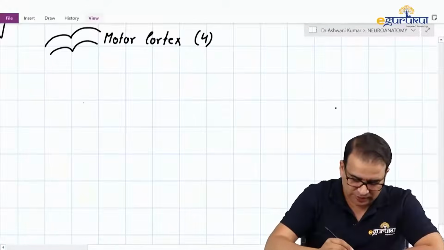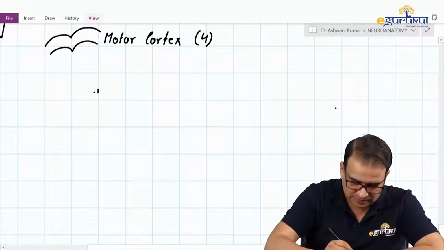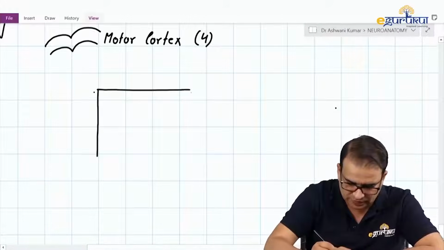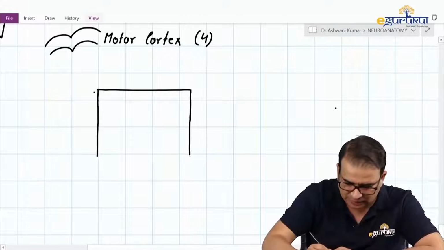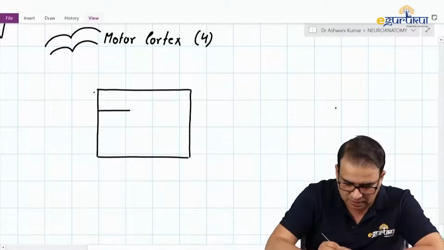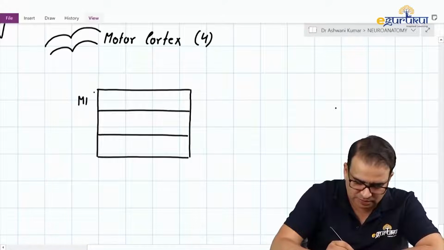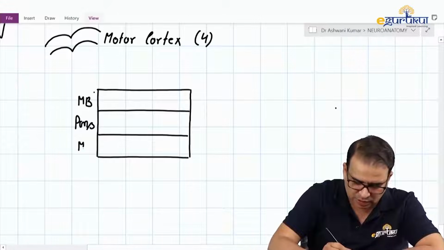So guys, very schematically, let's say this box here represents the brainstem, and we have three parts here: the midbrain, the pons, and the medulla oblongata.